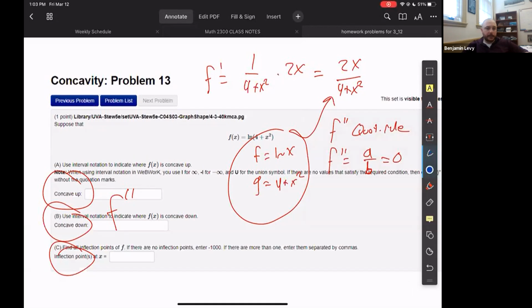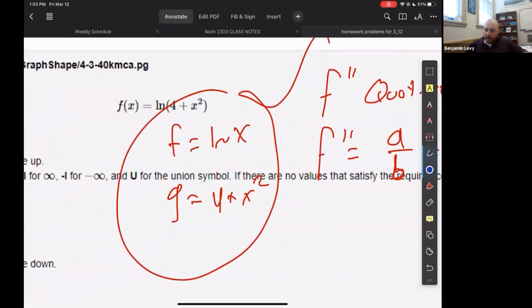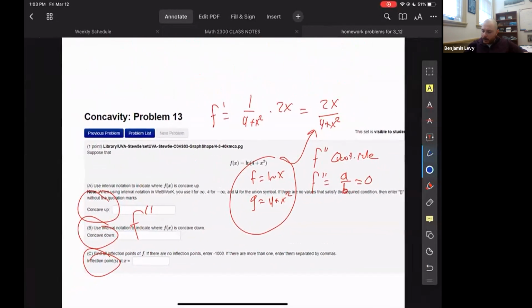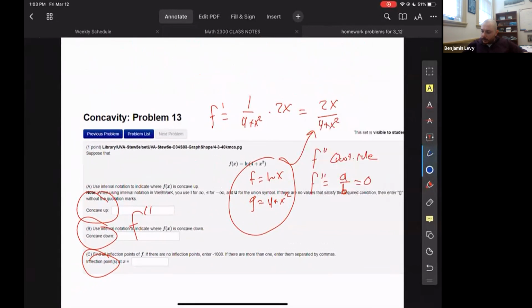I did talk about this before, but I just want to remind you, if you want a over b to be 0, you need just the top to be 0. So if you have some big complicated fraction, the nasty stuff in the denominator is irrelevant. You just take the numerator and make that part 0.